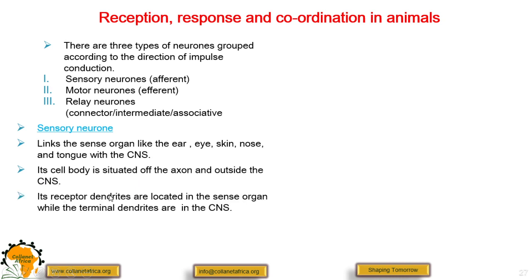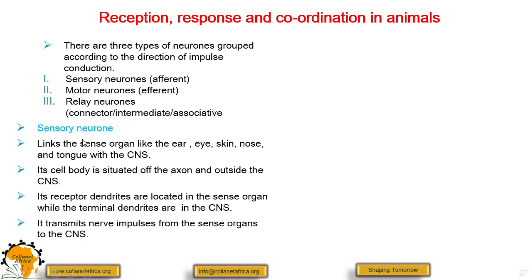The receptor dendrites, or those dendrites that receive impulses, are located in the sense organs, while the terminal dendrites, those at the end, are found in the central nervous system.